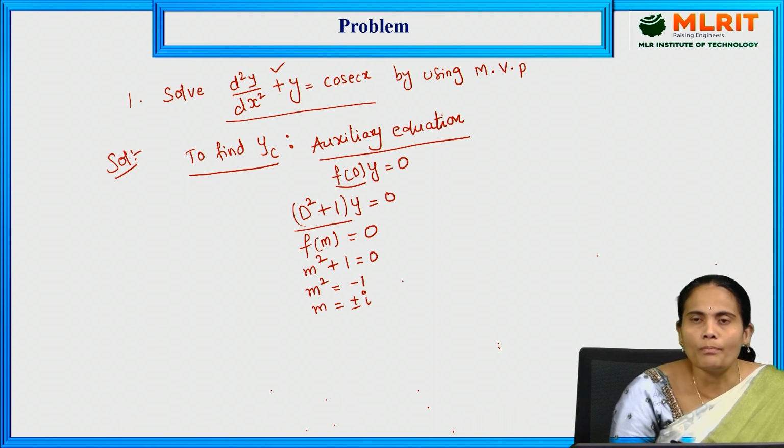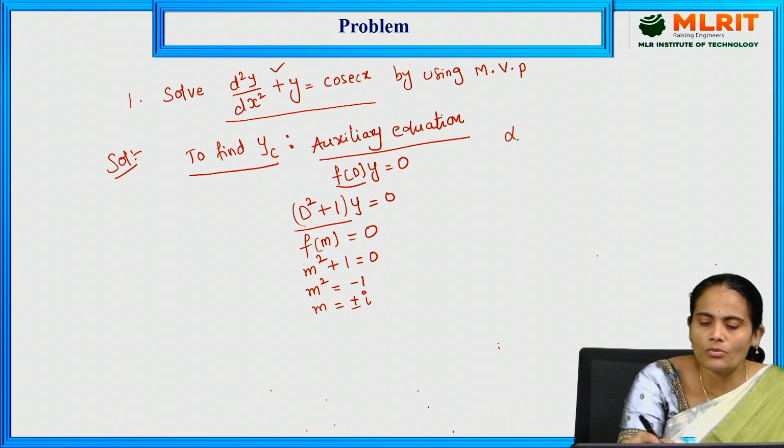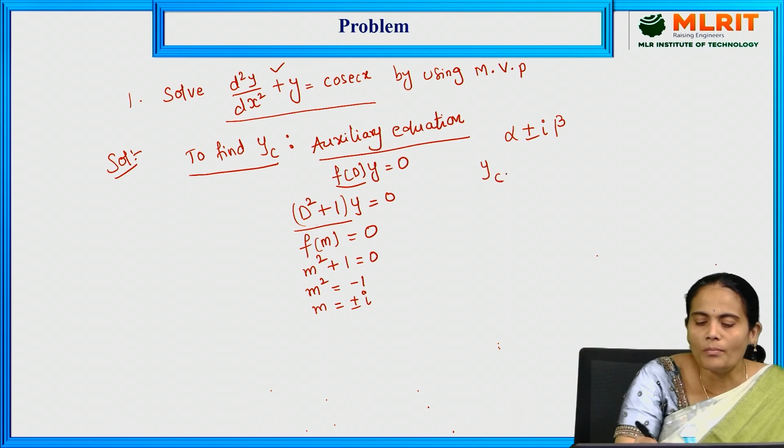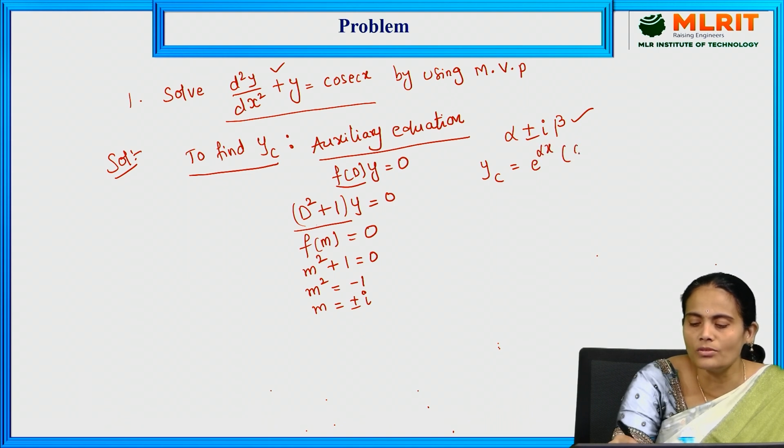For complex roots, how can we write the complementary function? The form of complex roots is alpha plus or minus i beta. The complementary function for this type of roots is yc is equal to e power alpha x into c1 cos beta x plus c2 sin beta x.